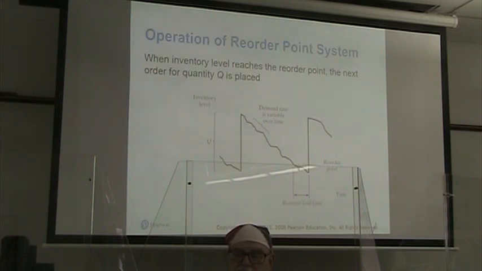And again, it's coming down. Again, it's not a straight line. It hits the reorder point, and after a certain period of time, we get a new quantity. From the time it hits the reorder point and we reorder till when it arrives is our reorder lead time.